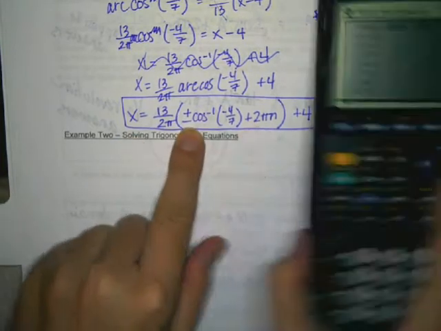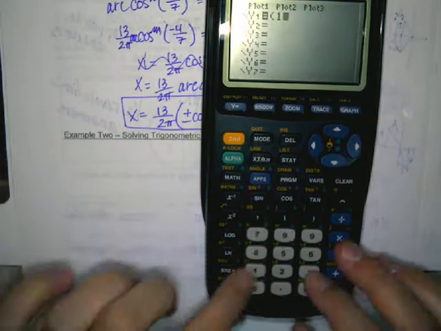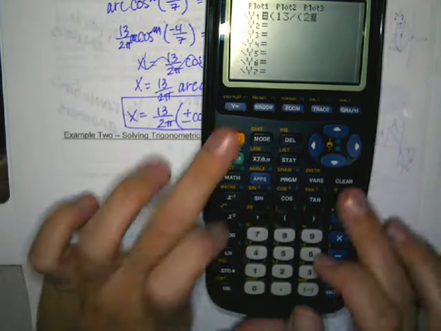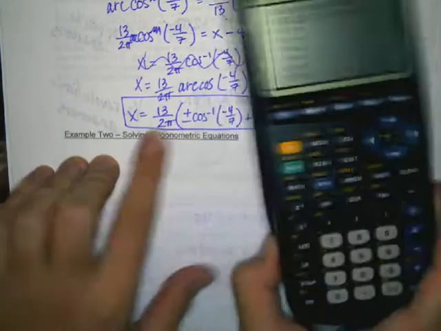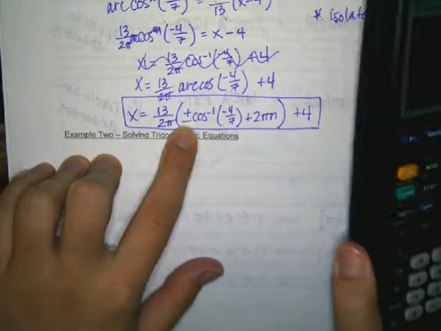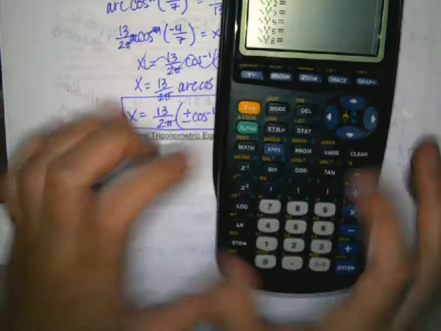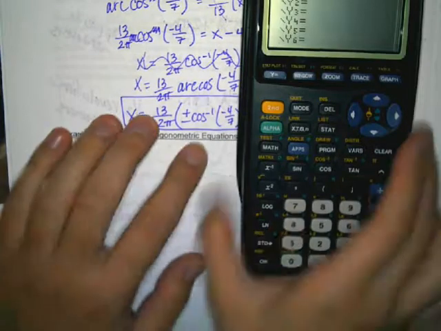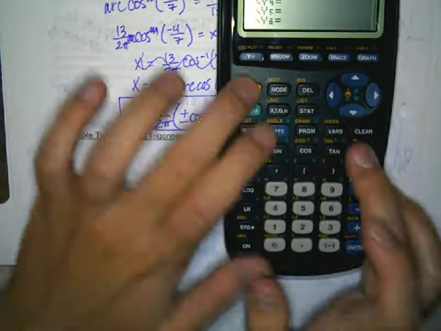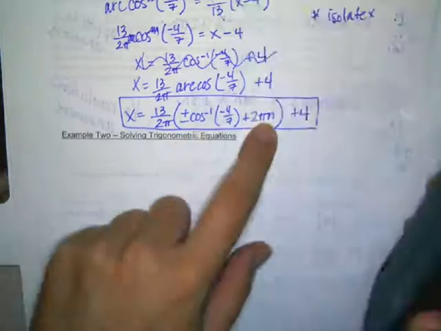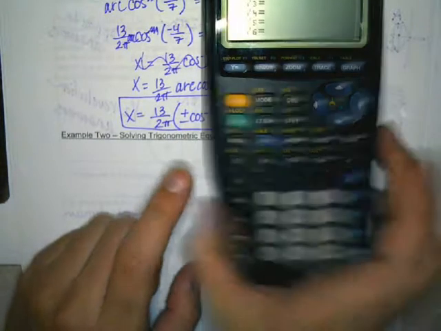So, in your graphing calculator, we're going to put the 13 divided by 2 pi, okay, that piece, multiplied by the positive version of inverse cosine of negative 4 over 7, plus 2 pi, and then for n, I'm just going to use x. I'm going to close that parenthesis, and then add 4.